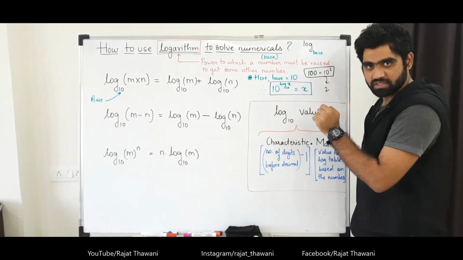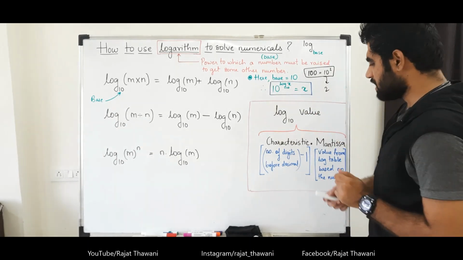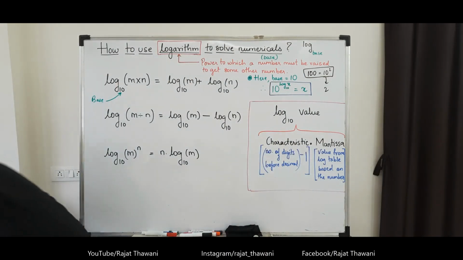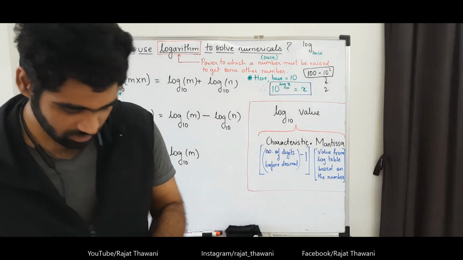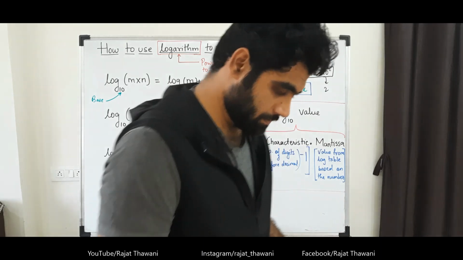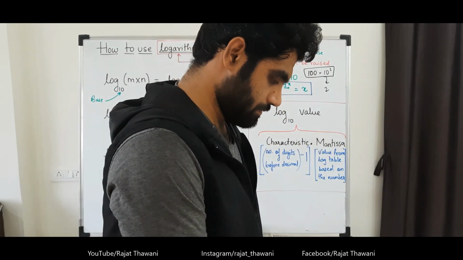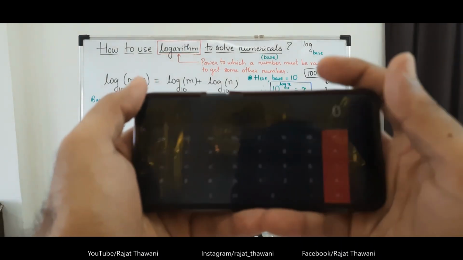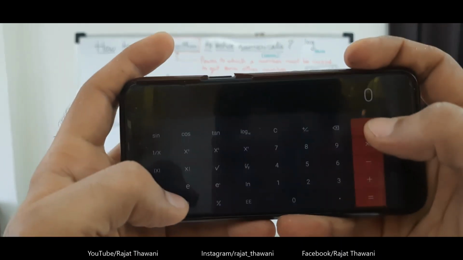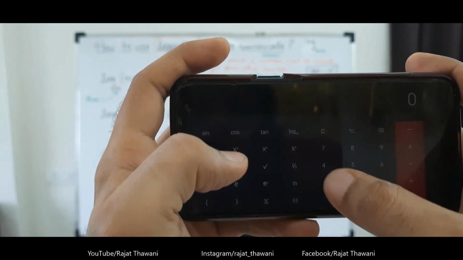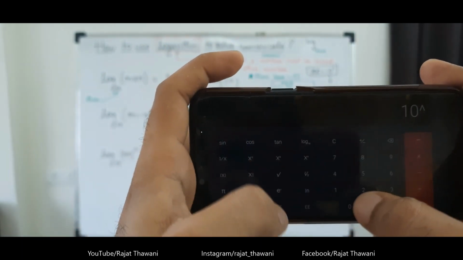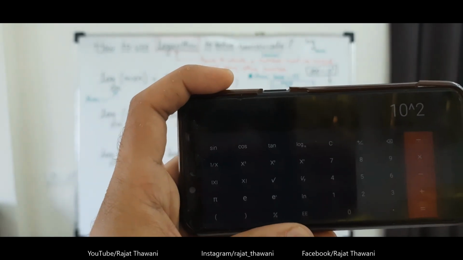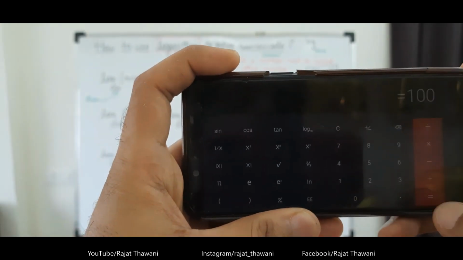Are you understanding? I'll use a phone and show you how it works. Maybe you can see my phone. I take 10 raised to 2, as log of 100 is 2, and it is equal to 100.